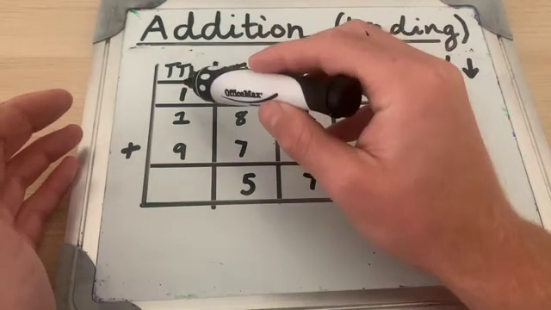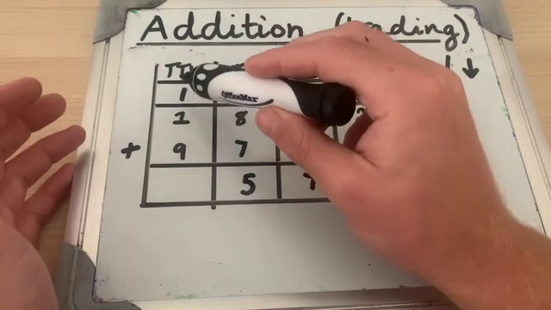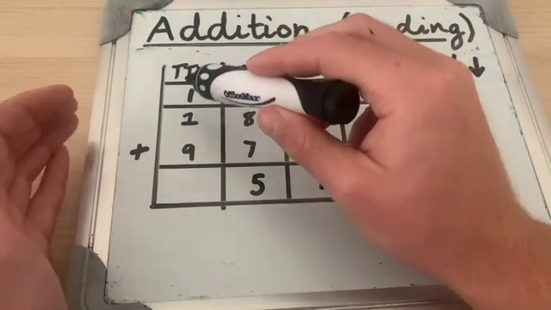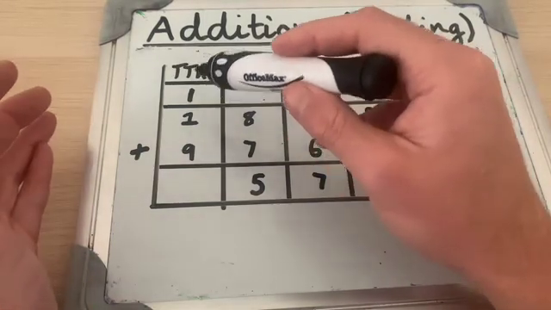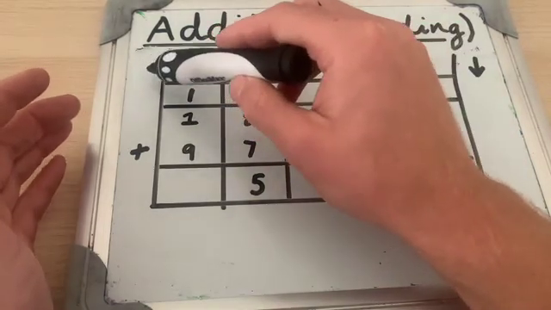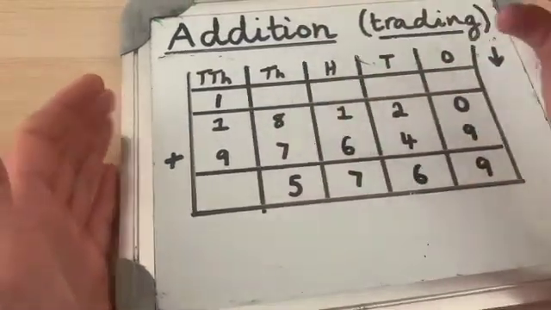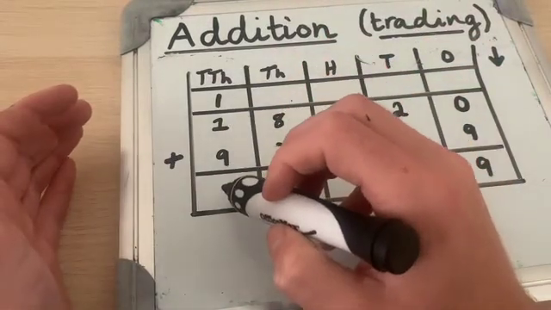Then I've got 9 and 1 make 10, and 1 more makes 11. What happens here, and this could easily happen to you, is that it's the same process. I need to trade, but I need to trade with the 100,000s column that I haven't marked here. So you would write that I've got 11 ten thousands.